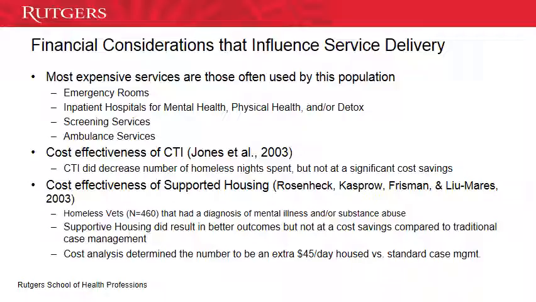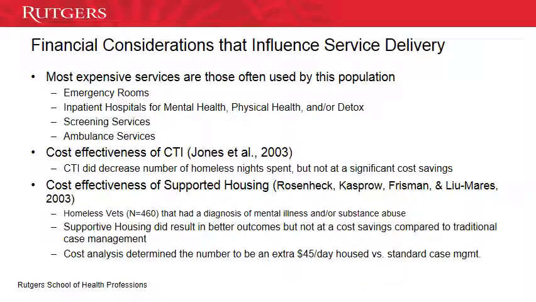Related to CTI, which was the critical time intervention discussed earlier, there was a cost effectiveness study done, Jones et al. from 2003, which found that CTI did decrease the number of nights spent homeless, but not at a significant cost savings. And that sort of is echoed in the Rosenheck et al. article related to cost effectiveness of supported housing.